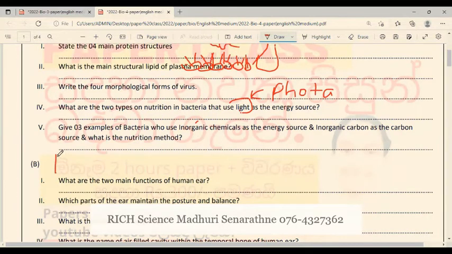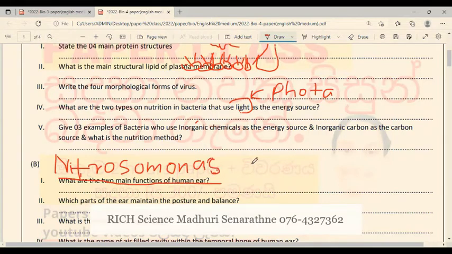Okay, first one, Nitrosomonas. The very first letter is a capital letter. This name should be underlined. Okay, Nitrosomonas, and second one, Nitrobacter.